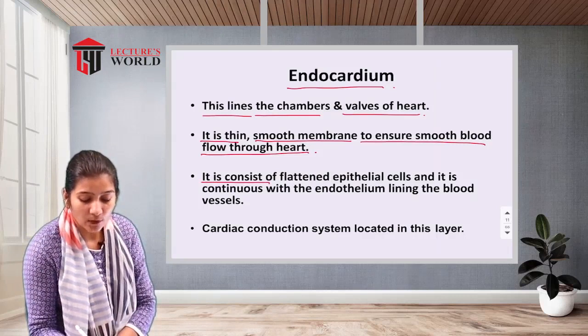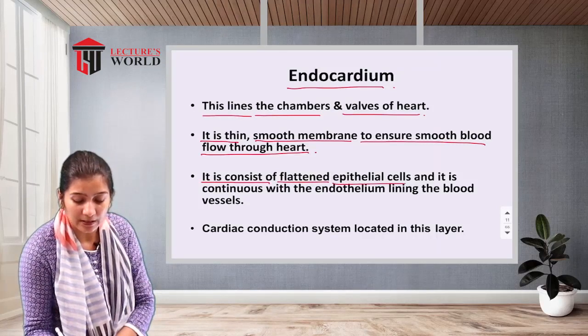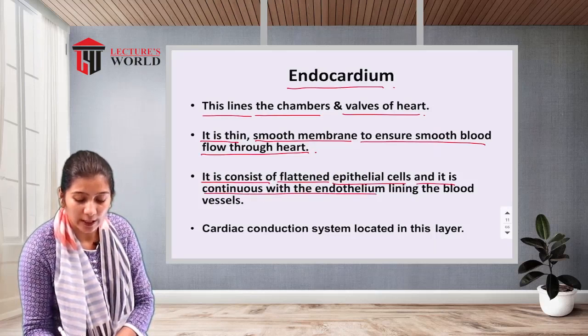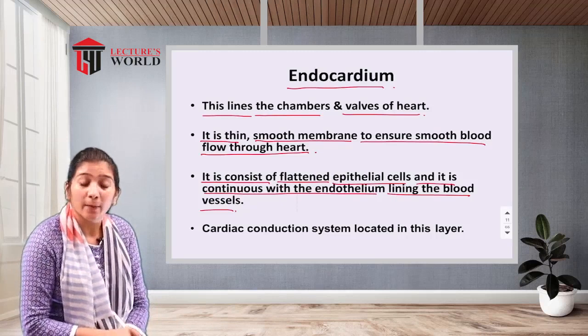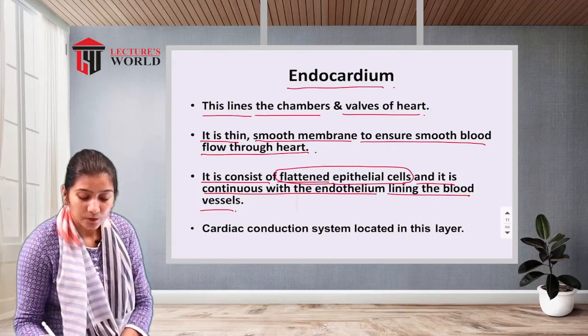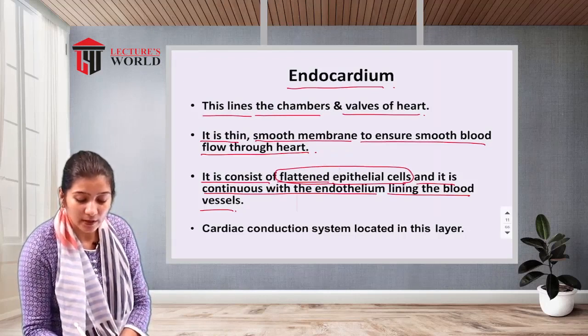It consists of flattened epithelial cells and it is continuous with the endothelium lining the blood vessels. So the endocardium layer is made up of flattened epithelial cells, and it is continuous with the endothelium lining of the blood vessels.